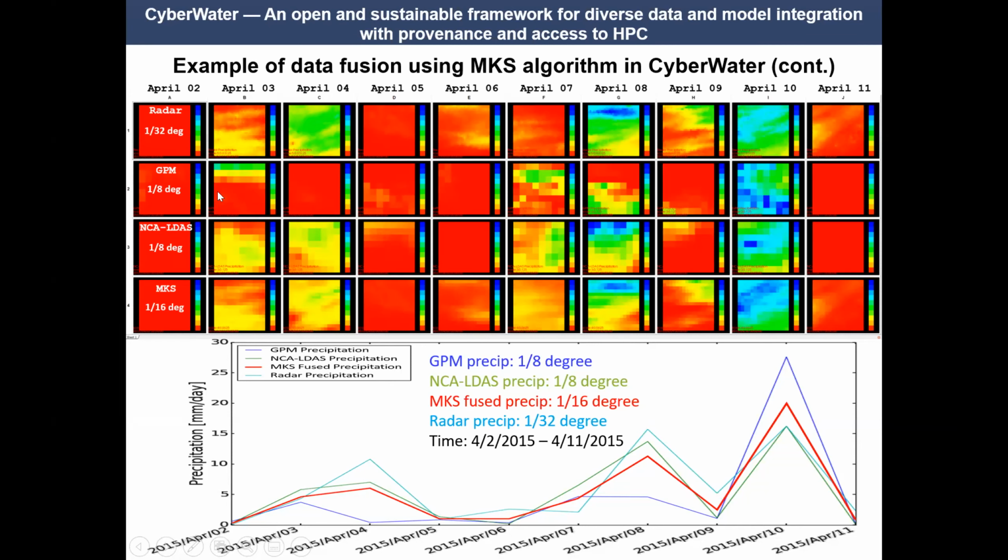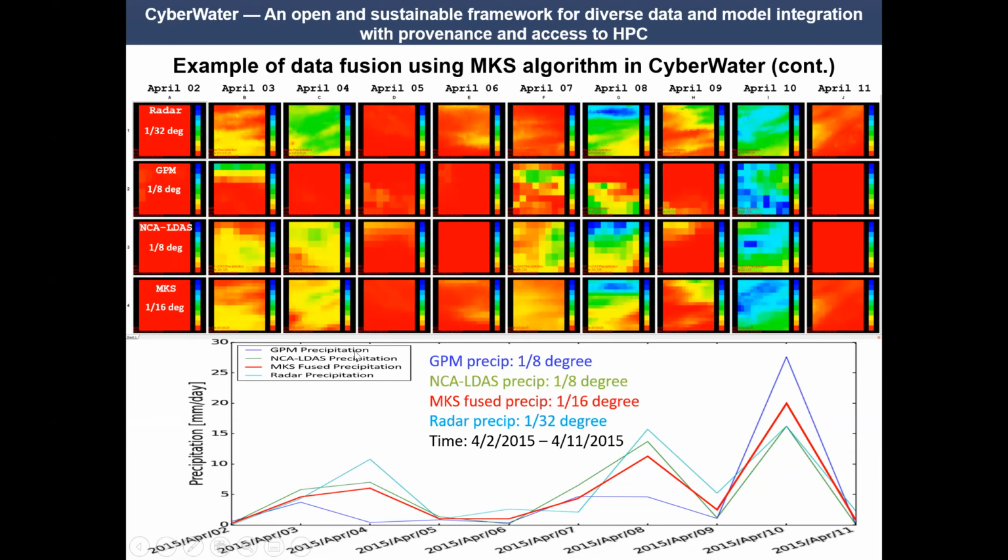Each column here shows a 1-day precipitation, and we have 10 days shown here. So by looking at these results, you can see that sometimes the magnitude of the precipitation and their spatial patterns are similar to each other among the 3 data products.